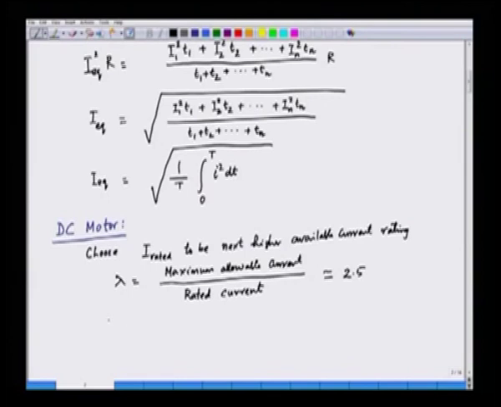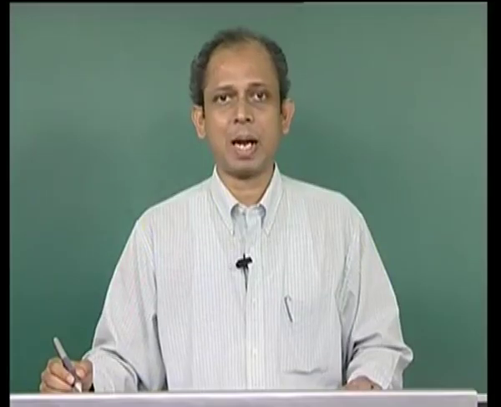So, we check in that case if lambda is higher than I maximum by I rated selected. So, lambda is 2.5 and I maximum by I rated in this case should be such that the actual value should be less than lambda.